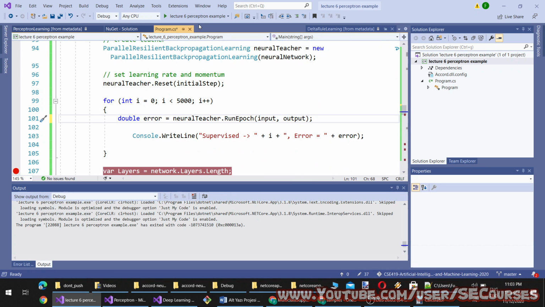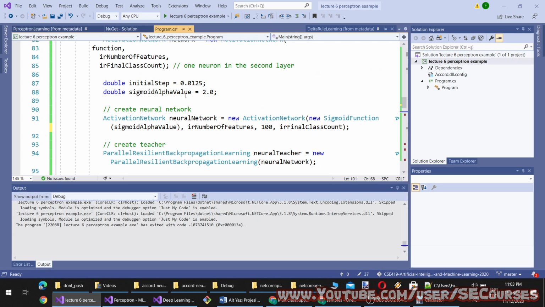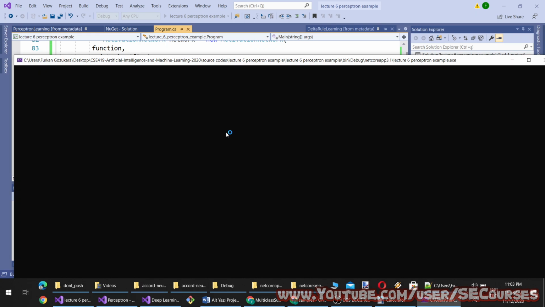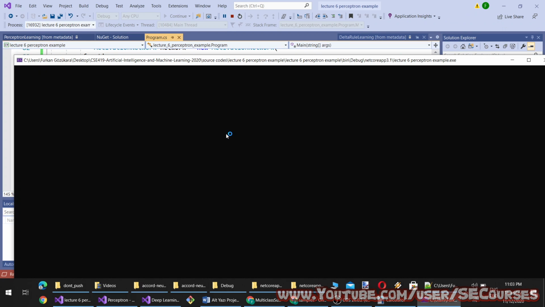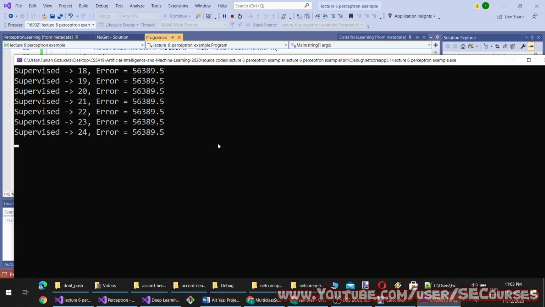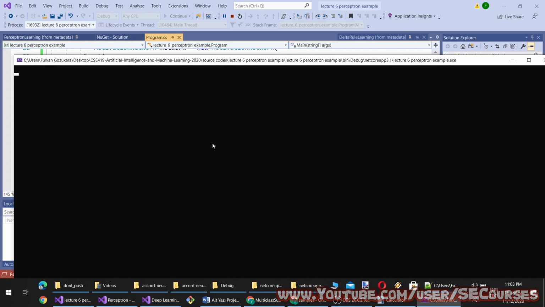So maybe we can increase the initial step to see. Okay, why are we not able to get any better performance?